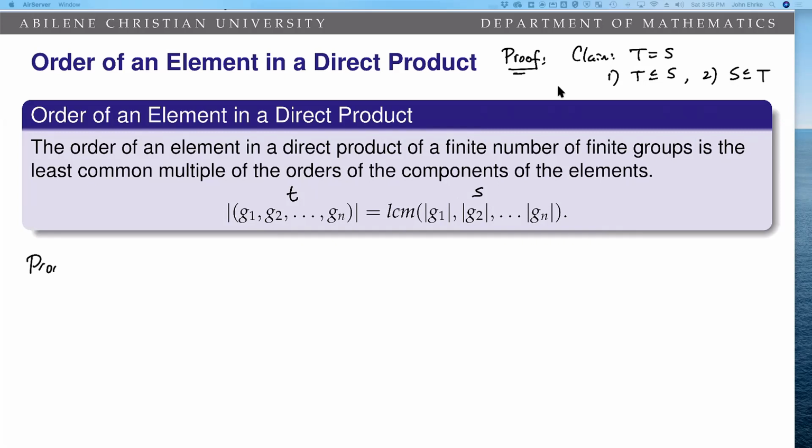So for our proof here, let e_i be the identity element of the group G_i, and let s equal this least common multiple.